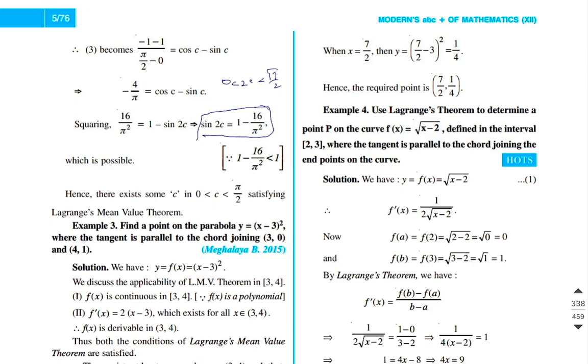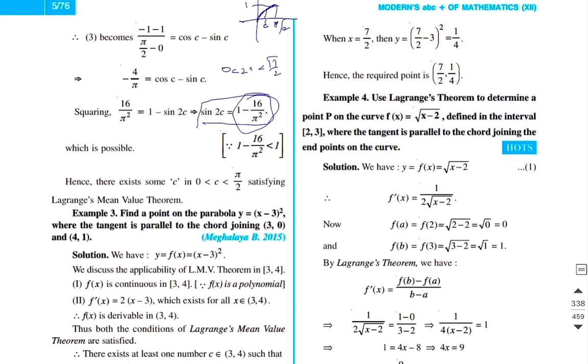Now this right hand side quantity is less than 1, and from 0 to pi by 2 sine is an increasing function. So at pi by 2 sine is 1 and it is increasing, so C lies somewhere here, because the value of sin 2C is coming to be less than 1. So it lies between 0 and pi by 2. We are not getting the exact value of C here, but we are sure that it lies between 0 and pi by 2.